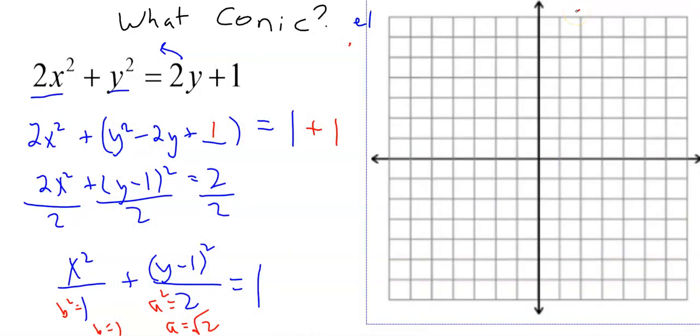Let's see, my center is at 0, 1. I'm going to go 1 unit horizontally in each direction. And square root of 2 is about 1.4, so 1.4 above, 1.4 below, right about there.